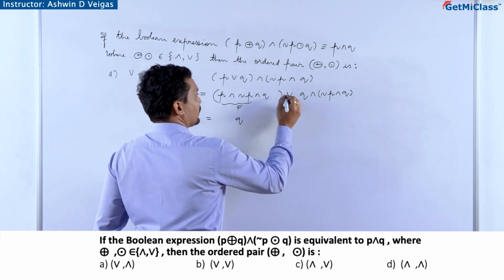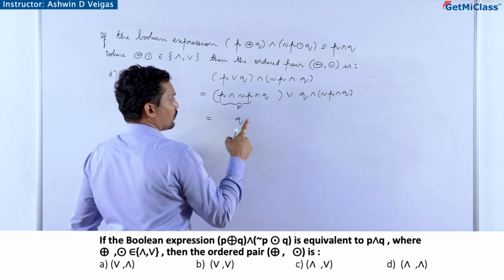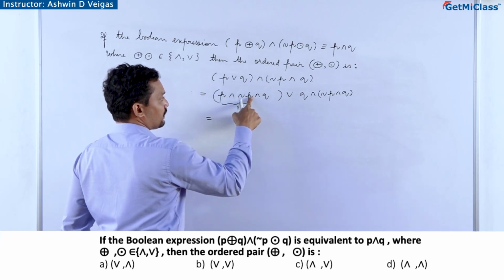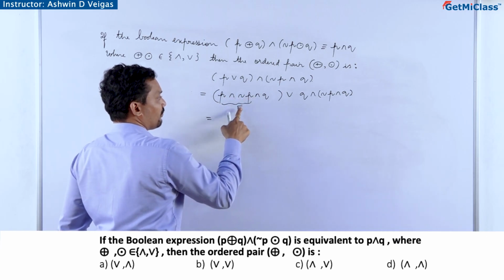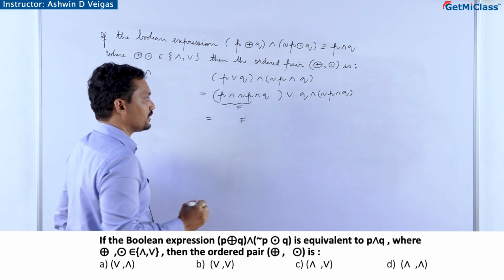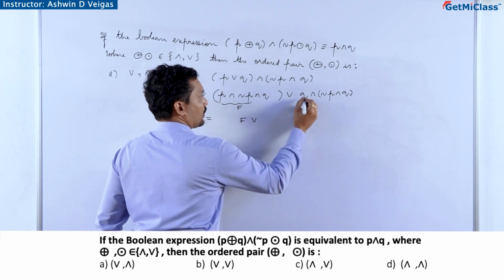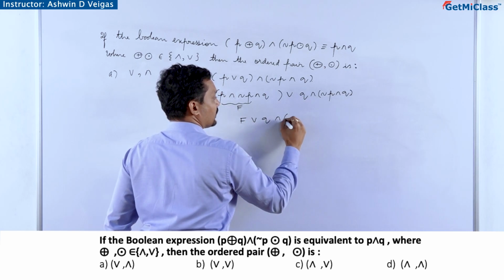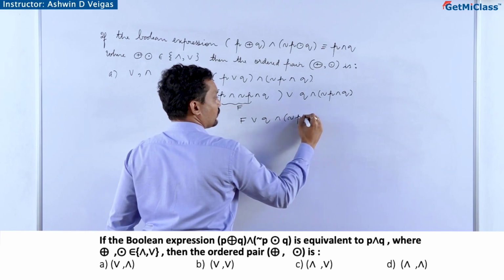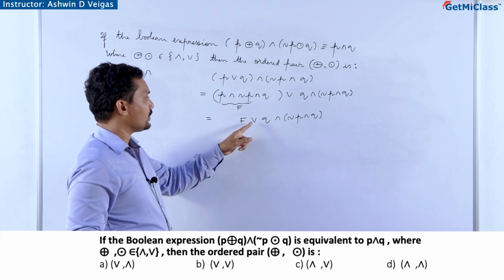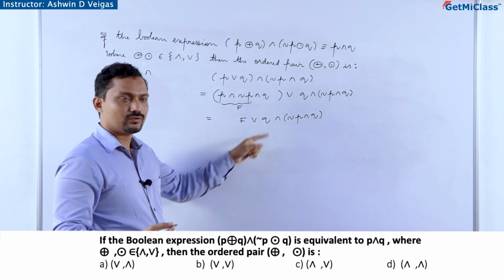Okay. Then this will be fallacy. P and negation P will be fallacy. Fallacy and Q will again be fallacy. Then it will be or, this will be Q, and this will be negation of P and Q. Now, you can see that fallacy or Q will be same as Q itself.